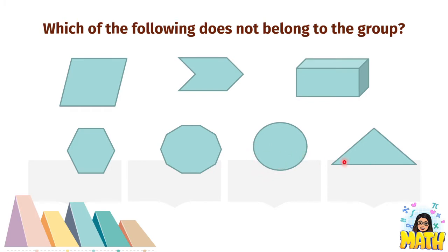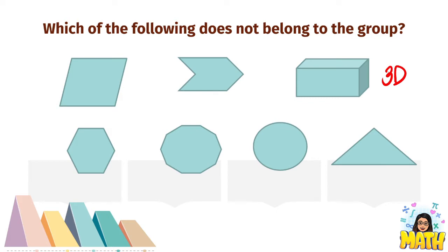For this one to belong to the group, we can say that the following are two-dimensional figures, while this figure is not a 2D figure. So therefore, we can say that this figure does not belong to the group because this one is an example of a 3D figure, while the rest are two-dimensional figures.